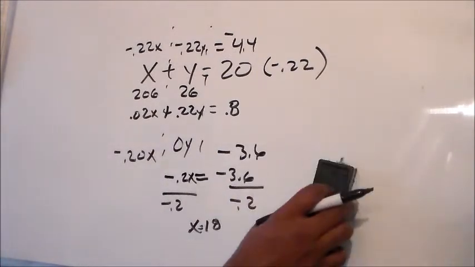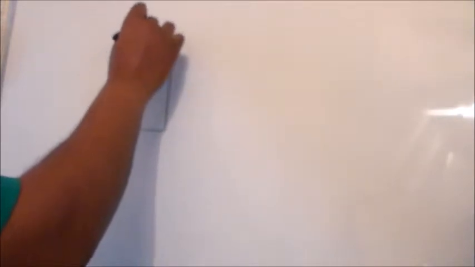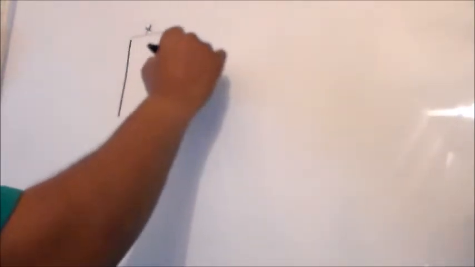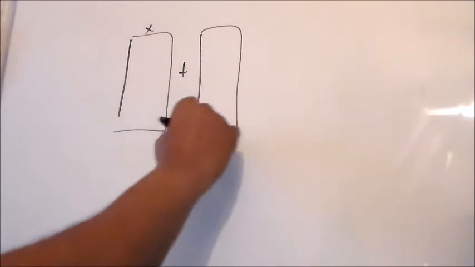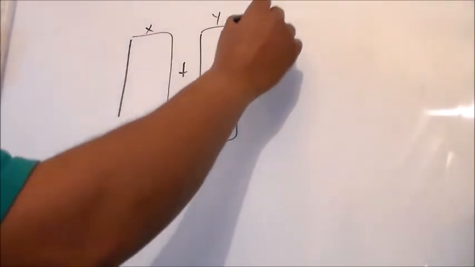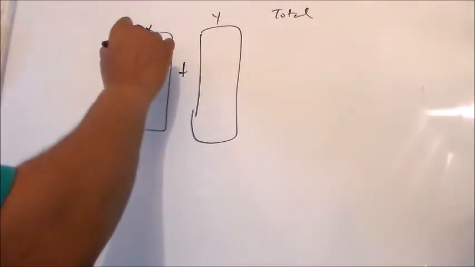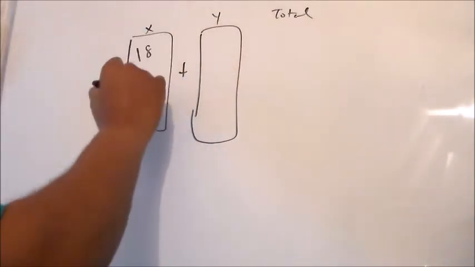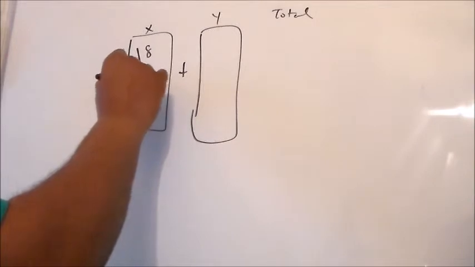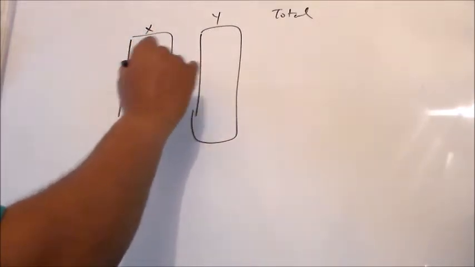Now, I'm a firm believer in testing, so nobody could tell you that you're wrong once you work this out. Back to our milk was X, cream was Y, and the total. So this was 18 gallons at 2% buttermilk fat.